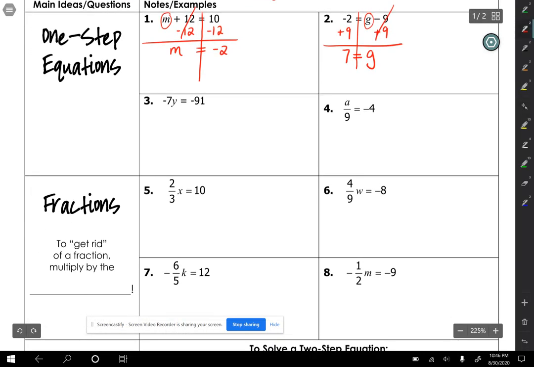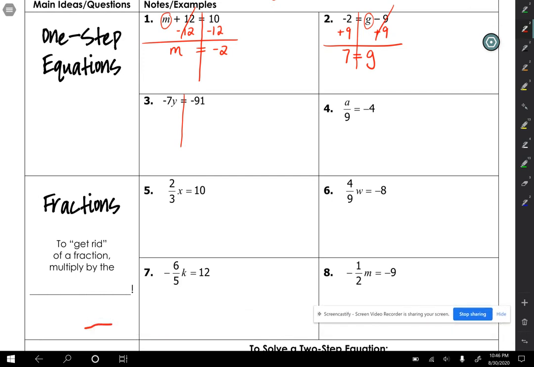Number 3, I have negative 7y equals negative 91. Again, I'm going to draw my line straight down to keep myself organized. And here, this is a negative 7 times y, so I need to get the negative 7 to go away to get my y by itself.